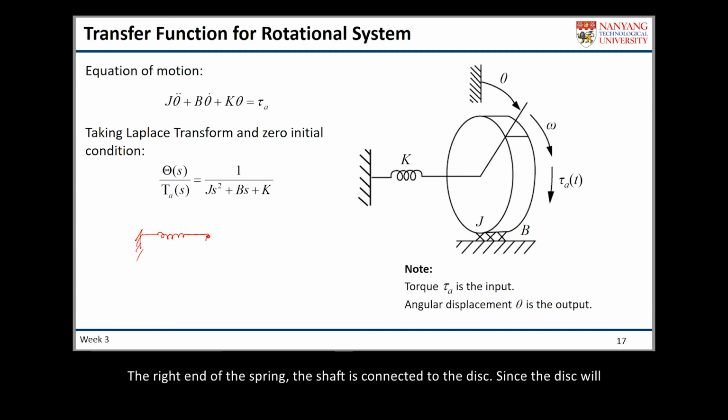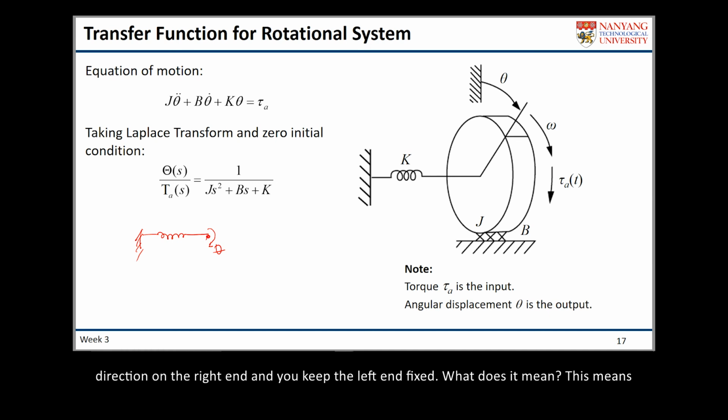The right end of this spring, the shaft, is connected to the disk. Since the disk will rotate in the clockwise direction by theta, the right end of this shaft will also rotate clockwise by theta. Imagine you have a shaft, you twist it in a clockwise direction on the right end, and you keep the left end fixed.